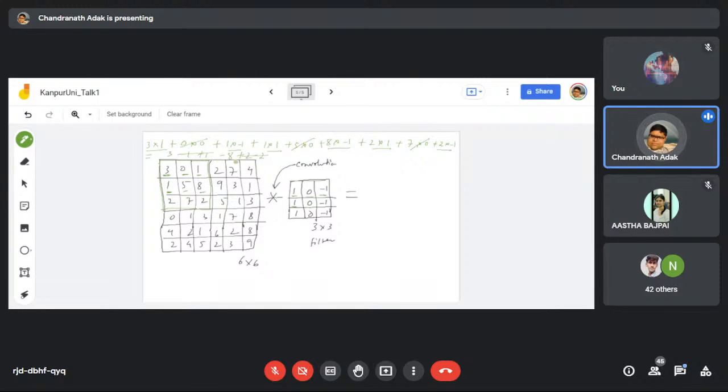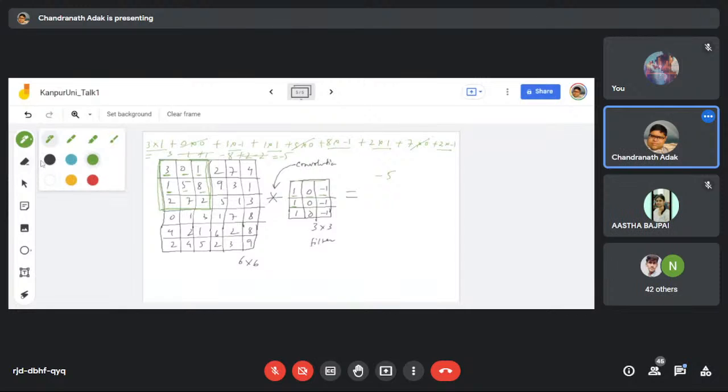So 3 minus 8, I am getting minus 5. From this green color box convolved with the 3 cross 3 filter, I am getting one value, that is minus 5.